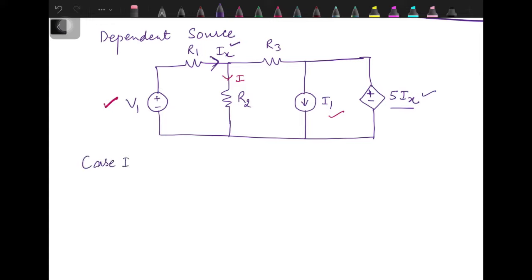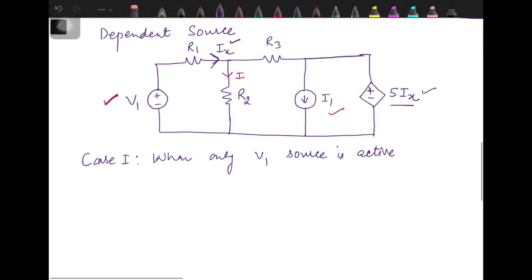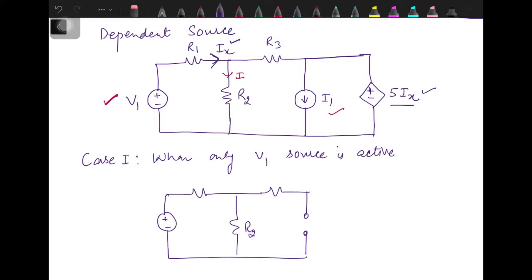We will have a first case when only V1 source is active. So when V1 is active, we have to deactivate all other independent sources. We have just one more independent source in the circuit, that is current source I1. It has to be replaced by open circuit. Now why open circuit? Because the internal resistance of ideal current source is infinite.